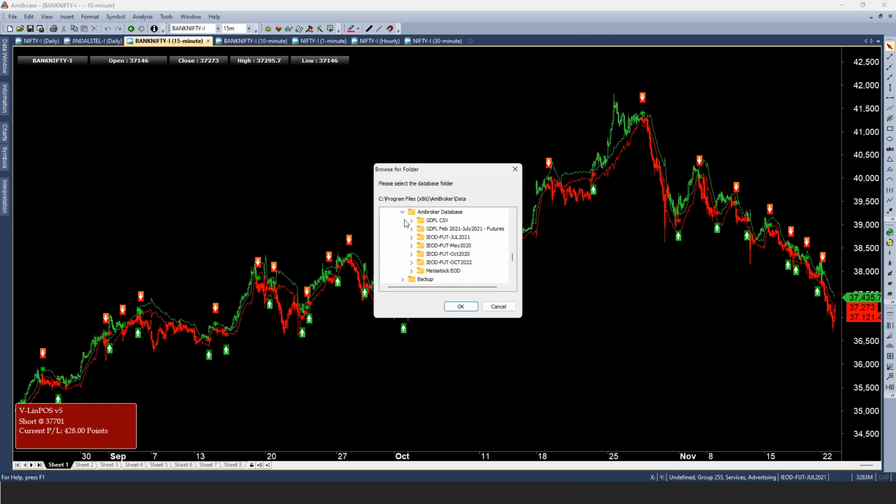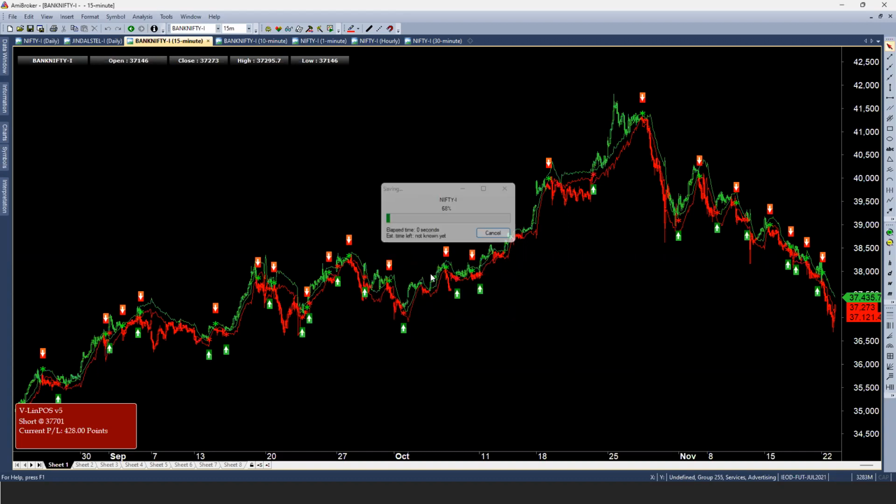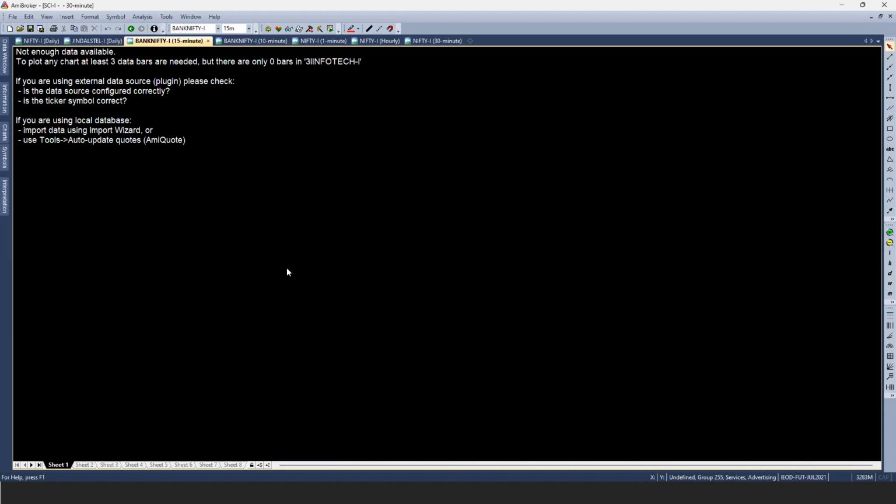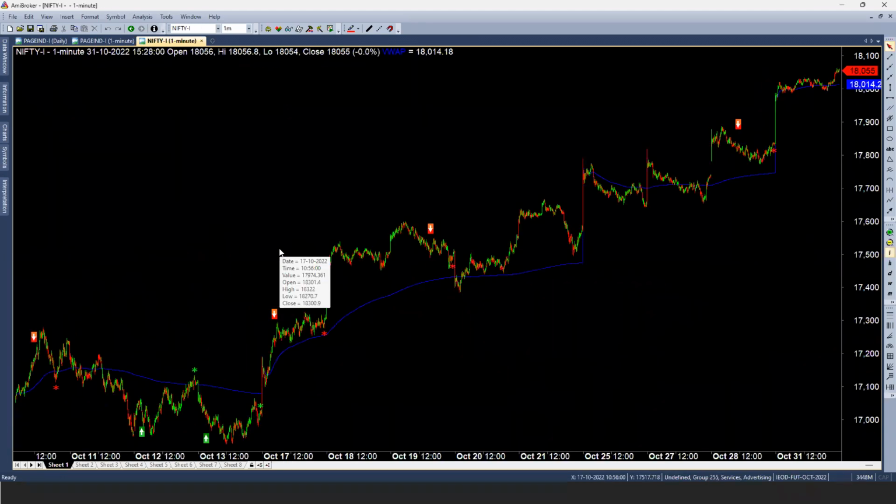I'm having data till October 2022. That's one of my recent databases. I'll go to that folder, ensure that the folder contains that. It's a test database though, but it contains the last 1 year of intraday data updated till October 2022.